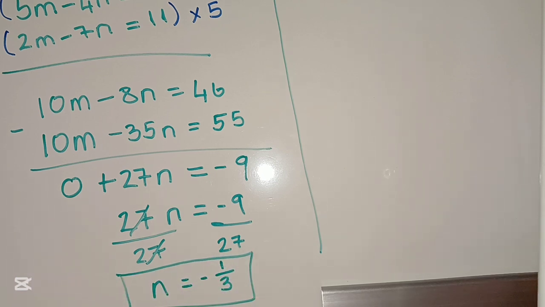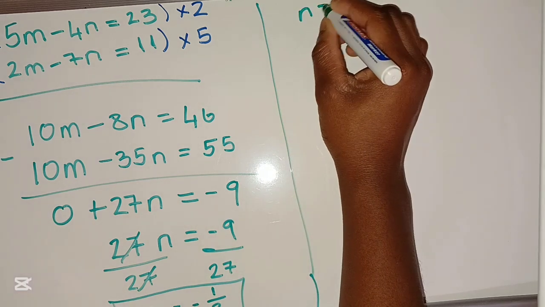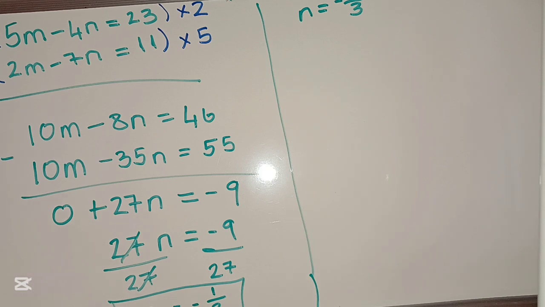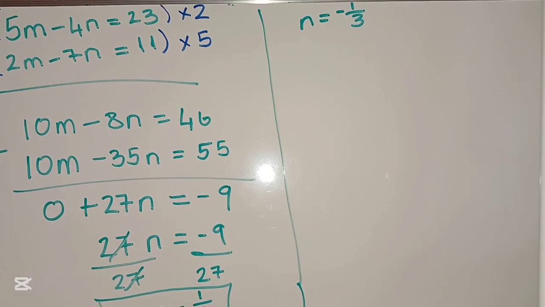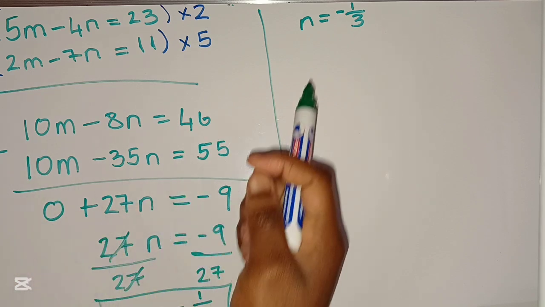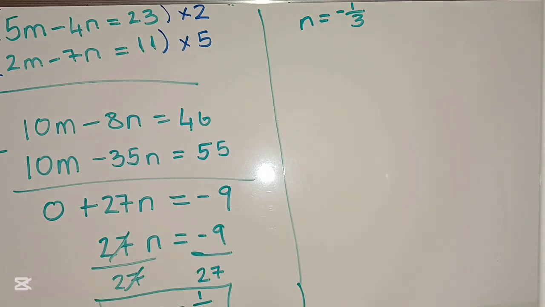Okay, now let's find the value of m. So you are going to substitute the value of n, which is negative 1 over 3, in the original equation, not in the modified one. All right, since we modified both our equations, we are going to substitute the value of n in the original equations before they were modified.